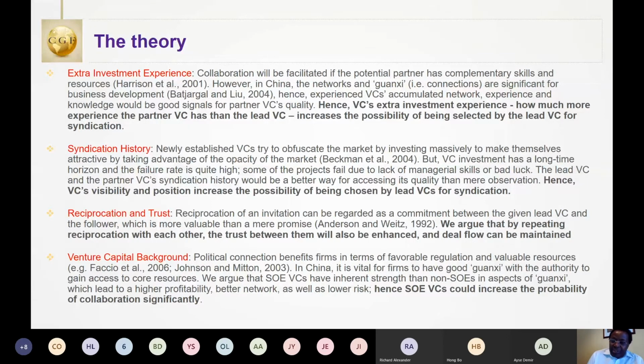So you could possibly hypothesize that state-owned enterprise VCs could increase the probability of collaboration significantly. But it may well be the case that because VCs operate in a highly private capital arena, they need a signal for credibility, and maybe the opposite is true.